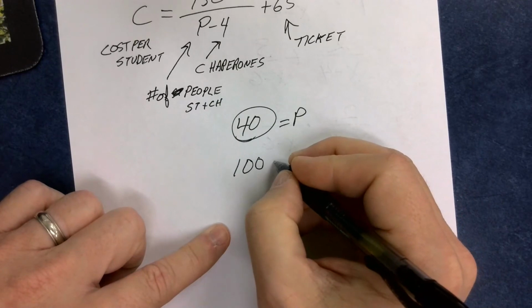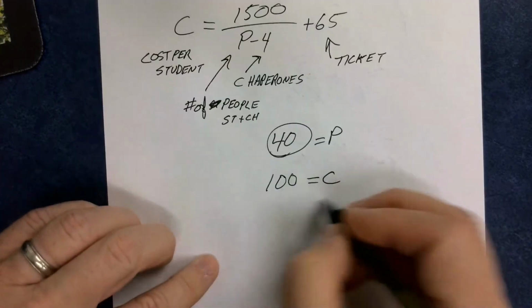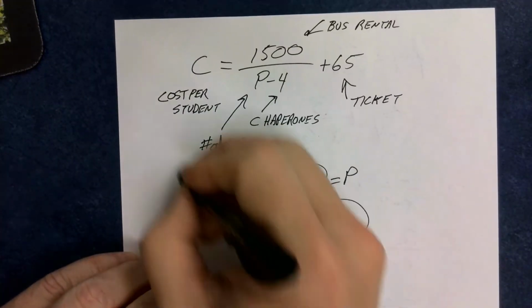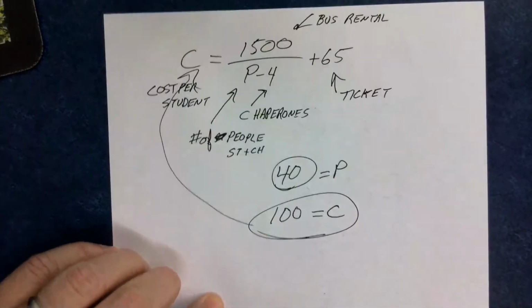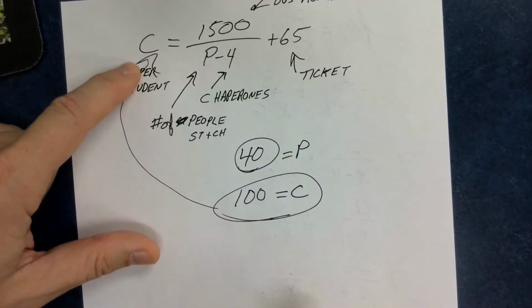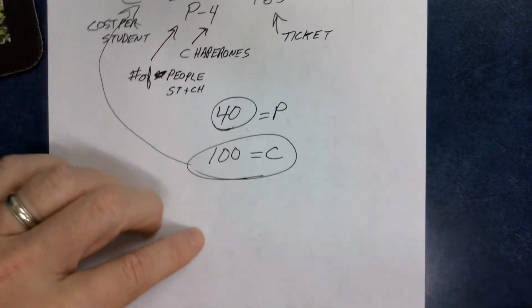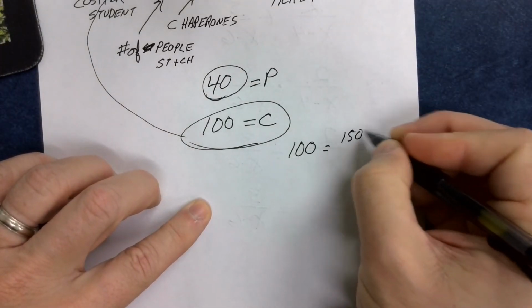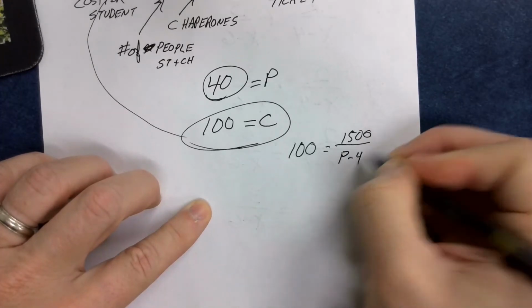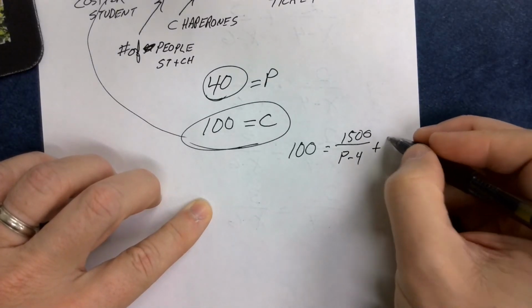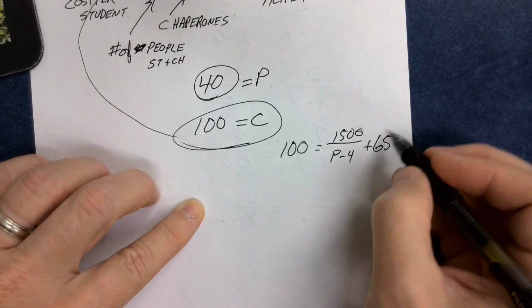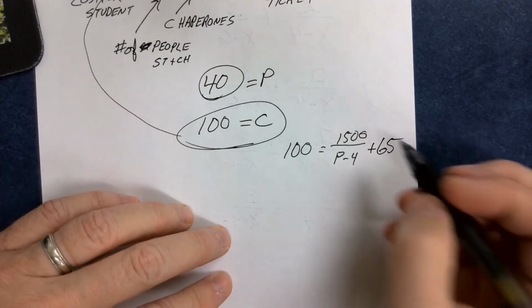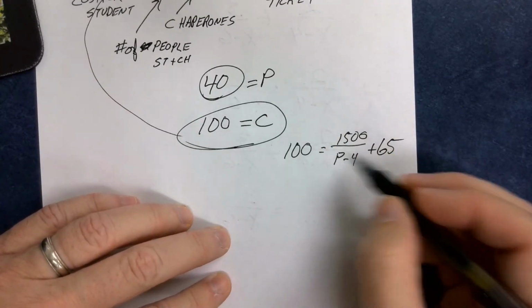Well, if I say cost is $100, that's the C, and that 100 has to go into that portion of it. The easiest way to solve that algebraically would be to write this equation and solve it for P the same way when we solve for x-intercepts. We move the 65 over, we do cross multiplication, we do all that stuff.